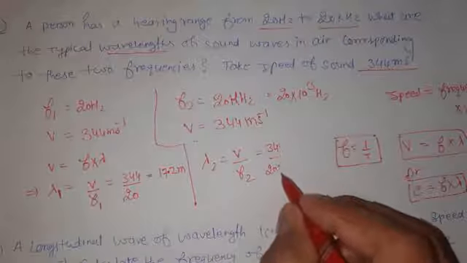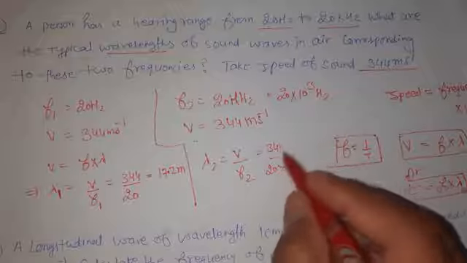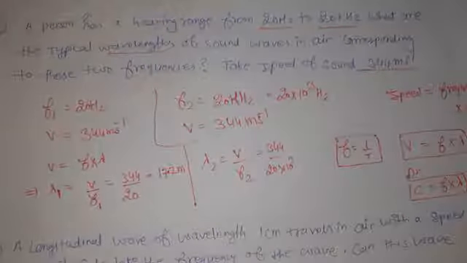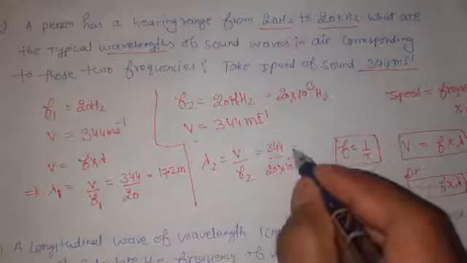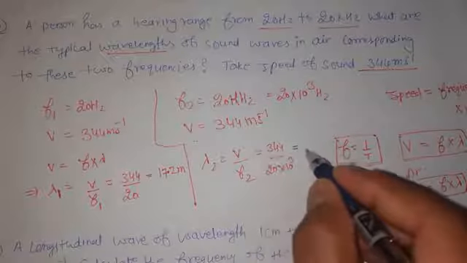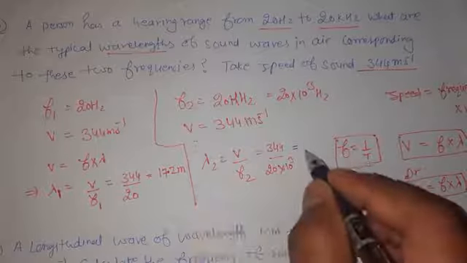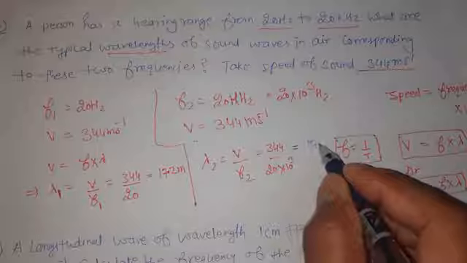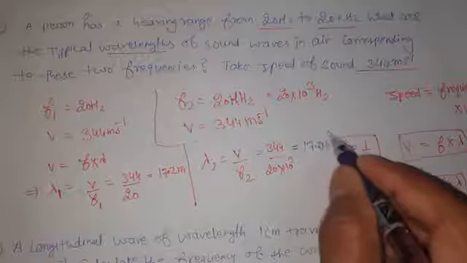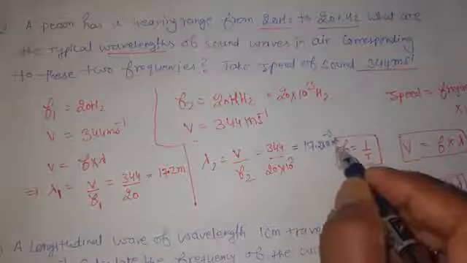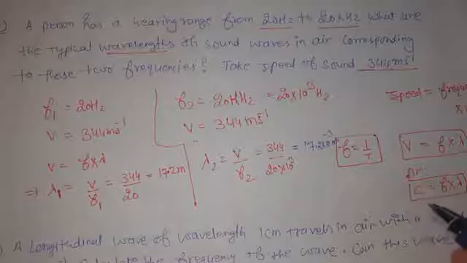So it is 344 upon 10 to the power 3, and solving it, finally the answer is 17.2 into 10 to the power minus 3 meters. This will be the answer here.